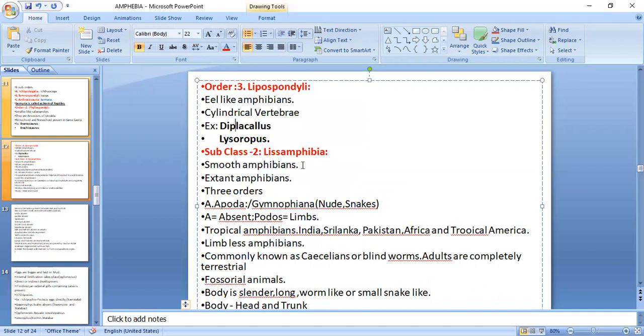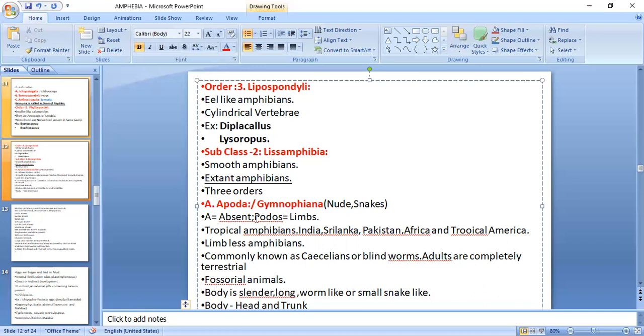Lis means smooth, and these are living amphibians, available presently. It has three orders again. The first is Apoda or Gymnophiona. This is a very famous order, and there is a high chance of questions being asked from it.